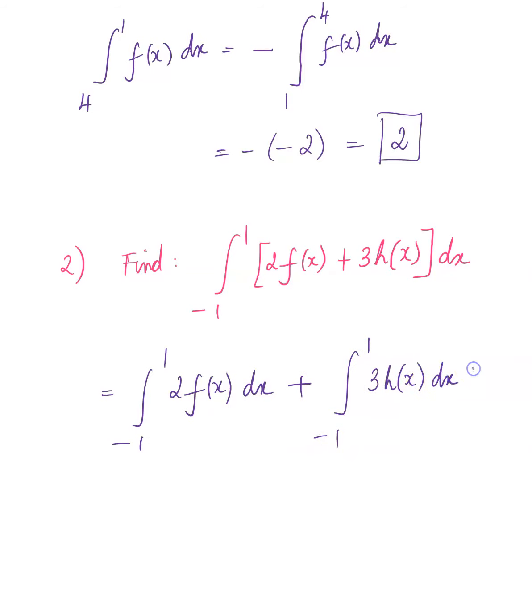Pull out the 2 because that's a constant. We're interested in just the variable of integration, so if it involves x, keep it in the integrand. If not, bring it outside the integral. So I'll bring the 3 outside here.